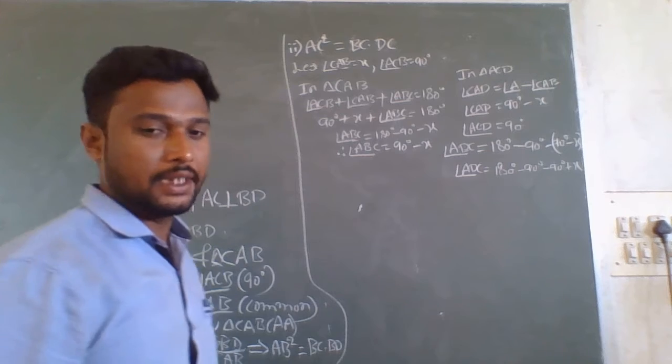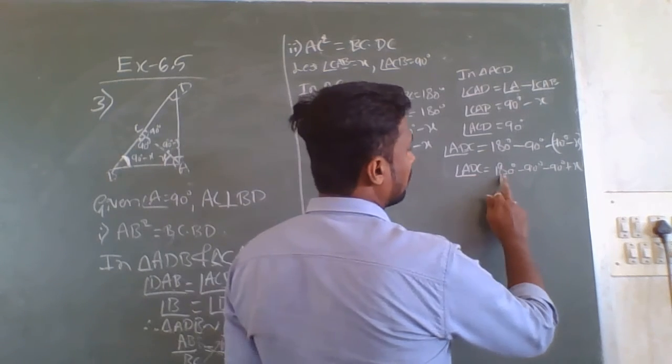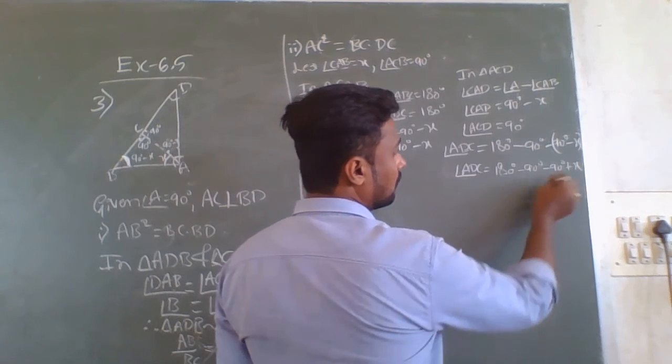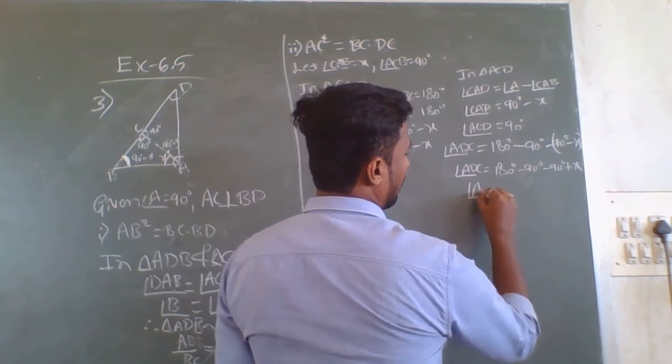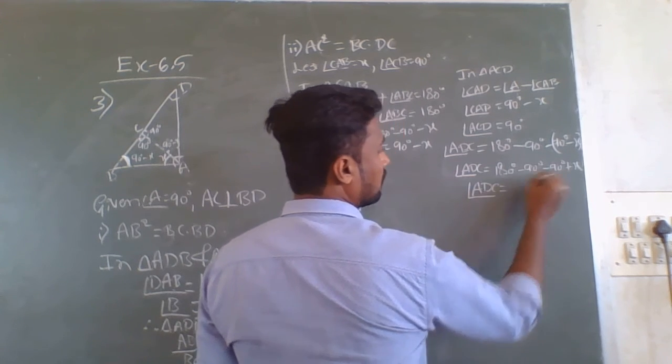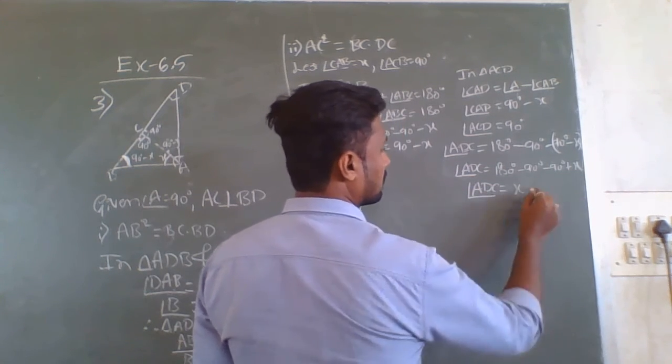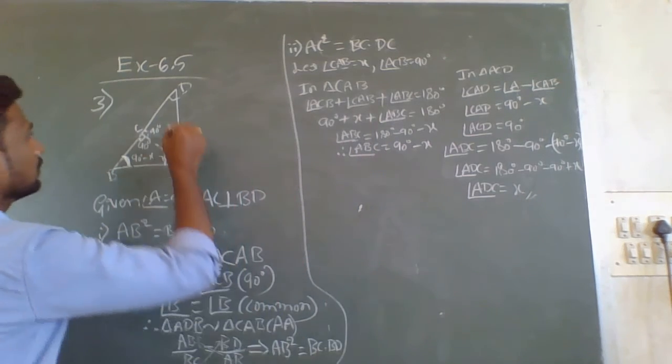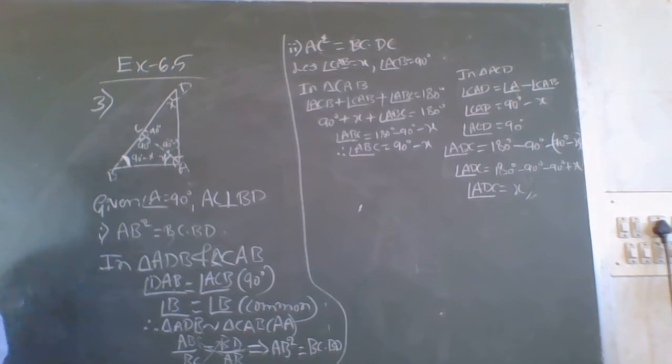What do you get? 180. So 180 minus 180 is 0. What is remaining? x. So this angle is x now.